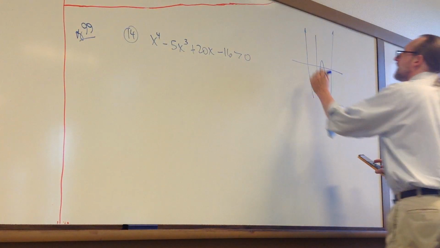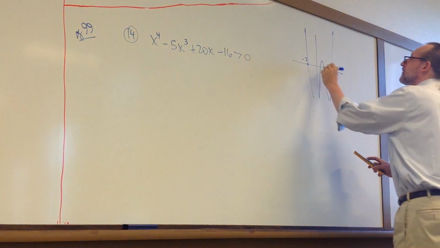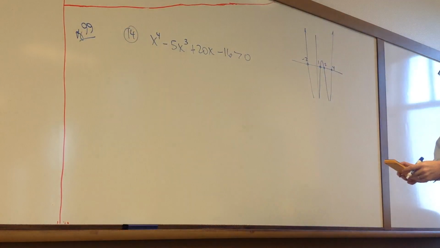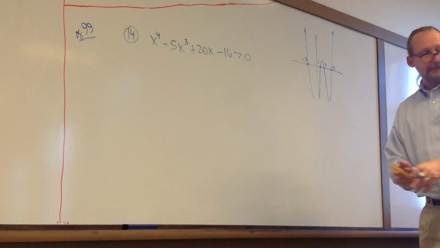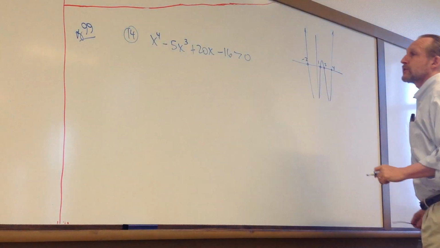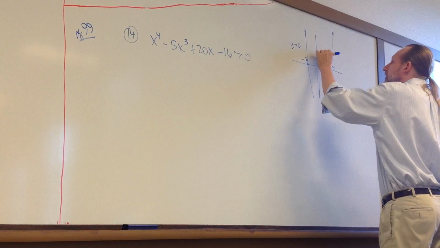So, negative 2, positive 1, positive 2, and positive 4. Okay, so now we've got the roots identified, and now we want to look at where is the function greater than 0. Where is y greater than 0?